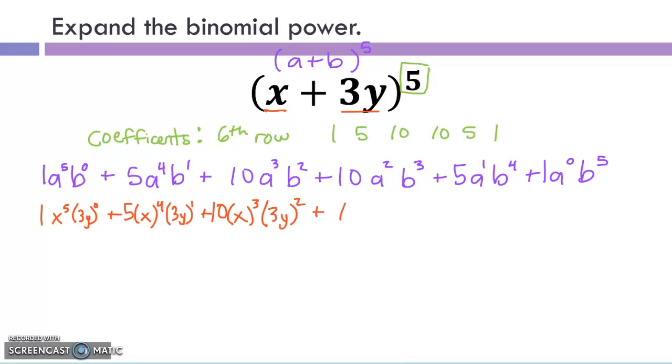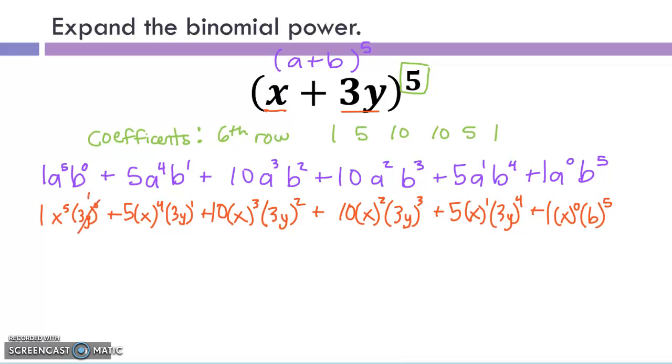Now let's continue this down. 10 times x squared, 3y cubed, plus 5 x to the 1, 3y to the 4th, plus 1 x to the 0, 3y to the 5th. After some reducing, all the zero powers go to 1.